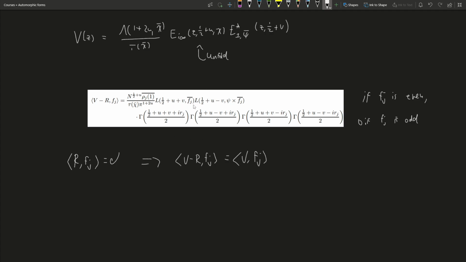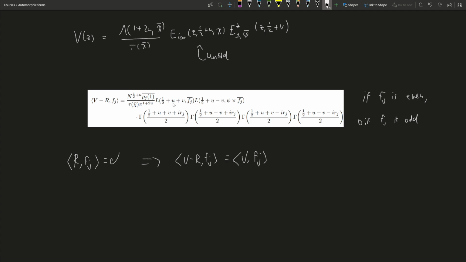And this looks asymmetric, right? There was some arbitrary choice that was made to unfold this Eisenstein series in U instead of the Eisenstein series in V. And then you have this 1/2 plus U plus V, 1/2 plus U minus V, and a character psi appearing here. But there's no analogous thing for chi.